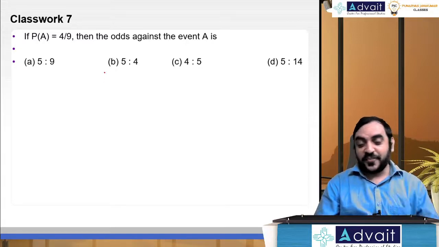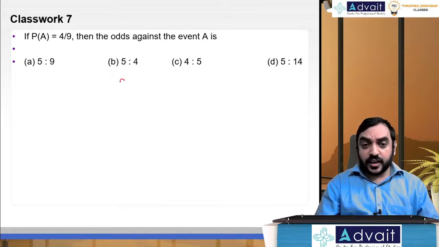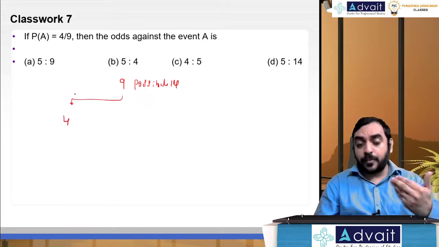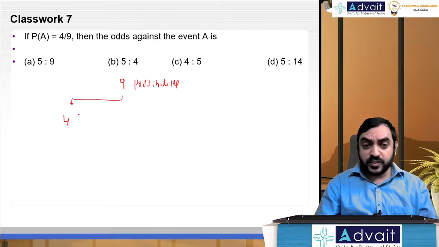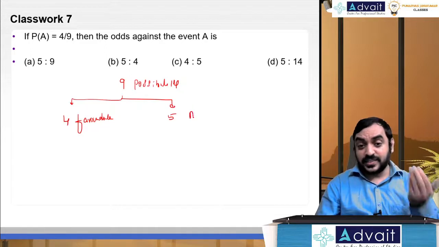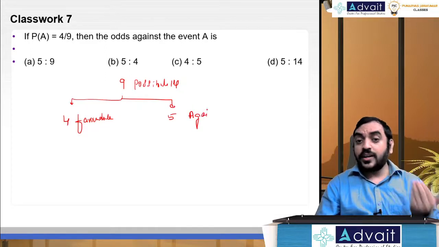So everybody is telling everything. Okay, so when I say 4 by 9, which means if there are 9 possibilities, there are 4 possibilities that the event is likely to happen. So 4 is favorable, and remaining 5 is against, the events not likely to happen.